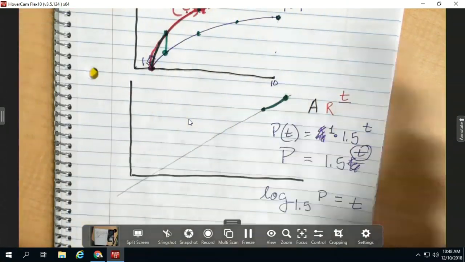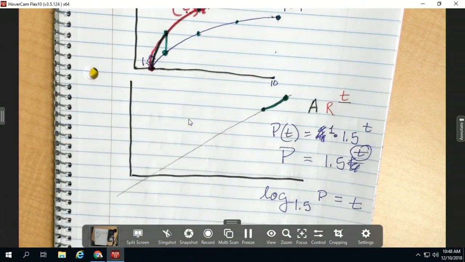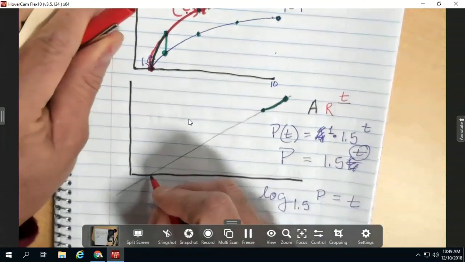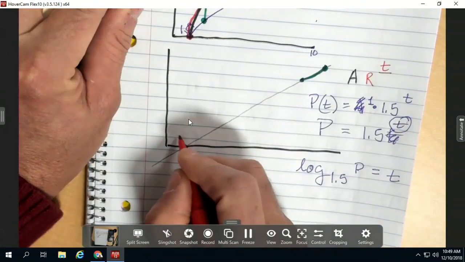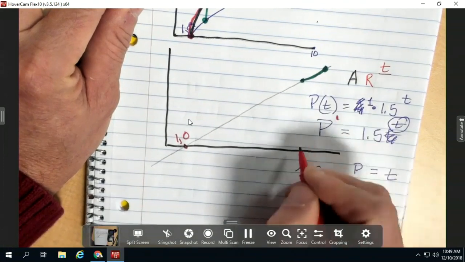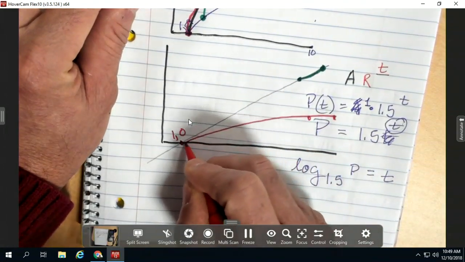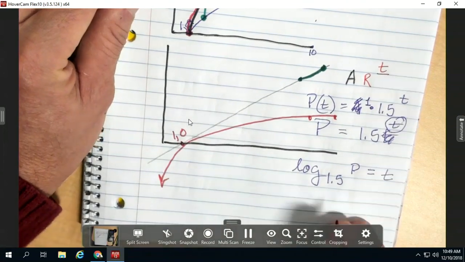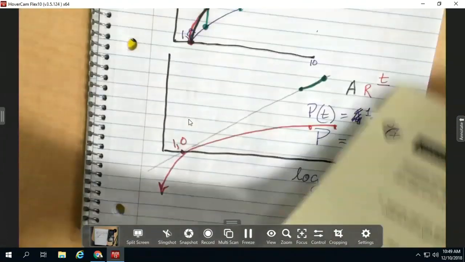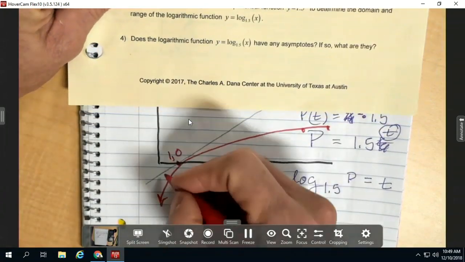Well, if this is our population function, you will agree that our logarithmic function is going to go through the point over 1, up 0, and it's going to take those 2 populations and go down this way, right? So they ask the question, does this have any asymptotes?